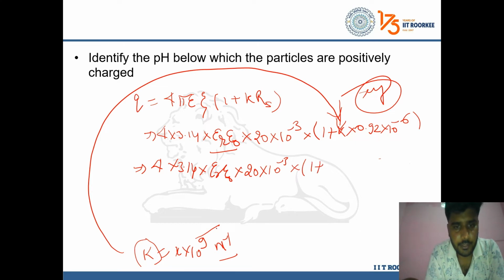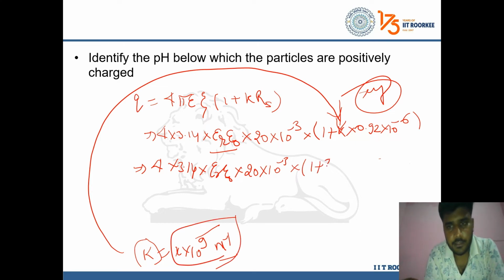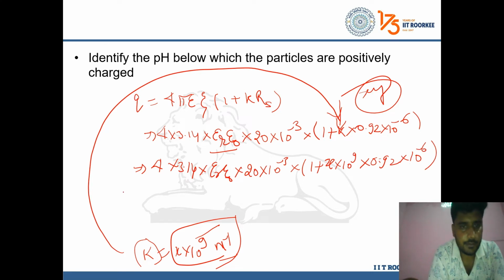Let's say I am putting this value here, that is x multiplied by 10 to power 9, 10 raised to minus 6.